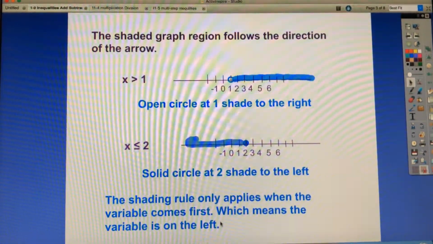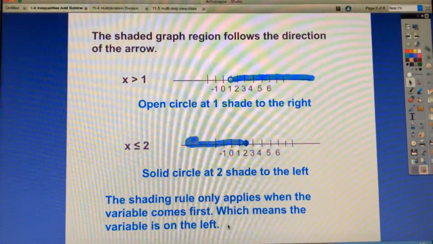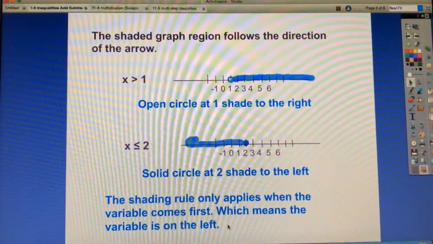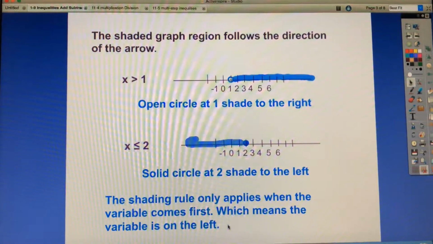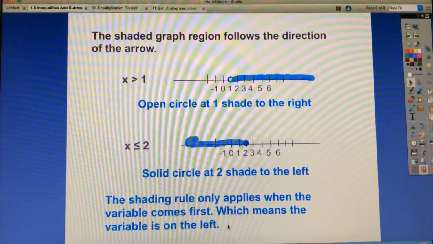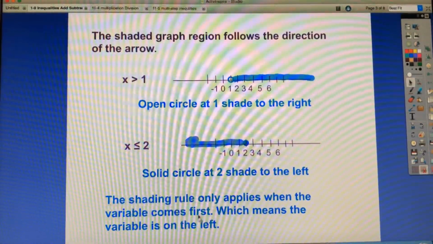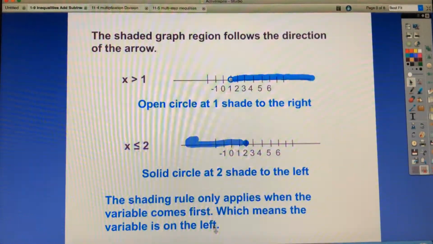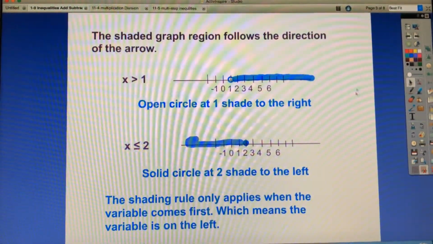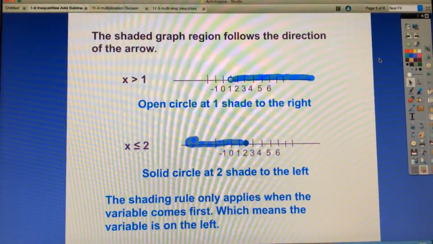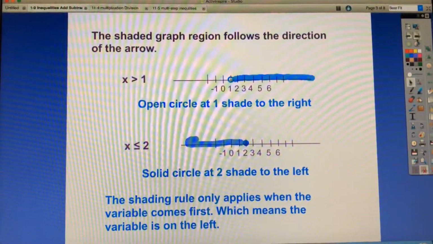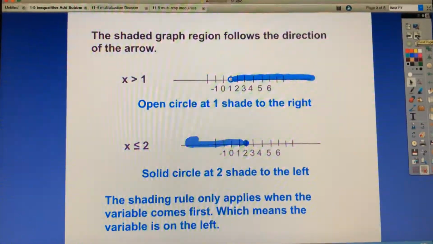So you must have the variable first. If you're taking a test and you see that the variable is on the right, you need to reverse everything. You need to move it to the left and flip the sign. And of course, they're going to put the variable on the right on a test because they want to make sure you understand how to move it and how to graph it.